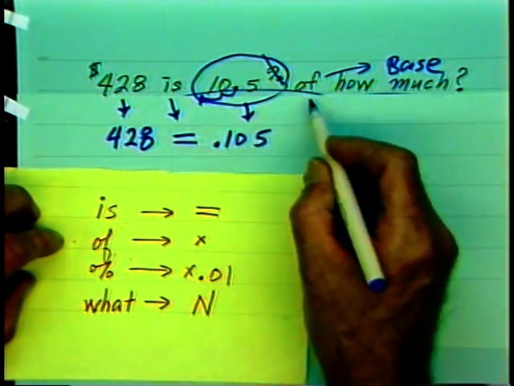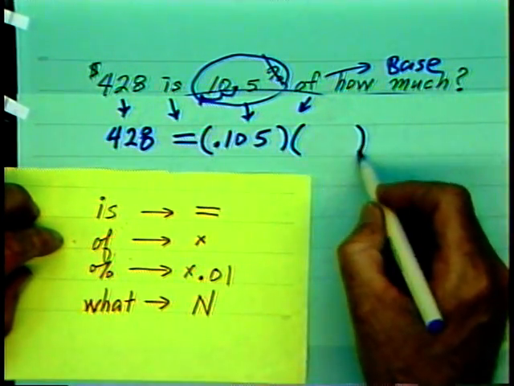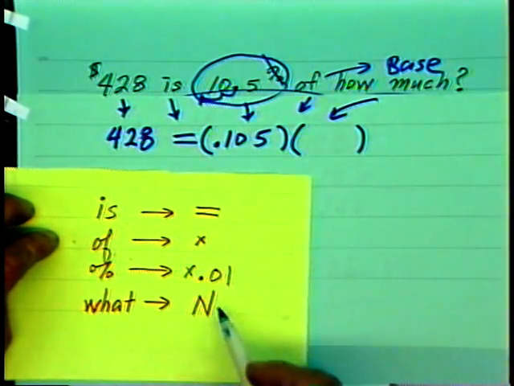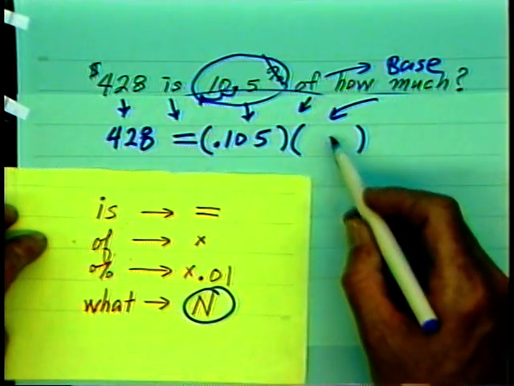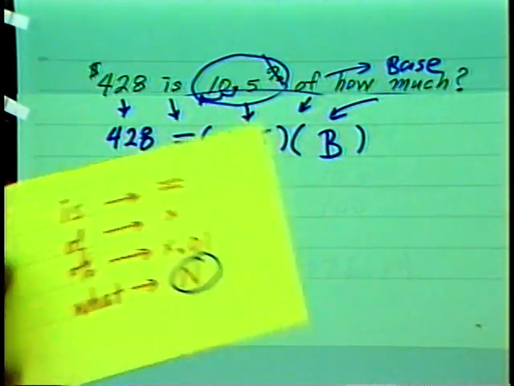Of translates to times, and how much is some variable. Call it n for number, call it b for base, call it x for unknown. The choice is yours.